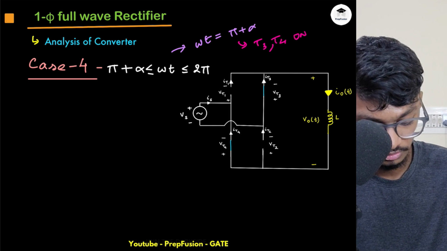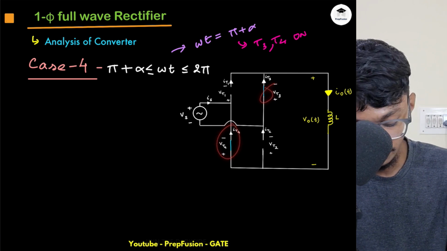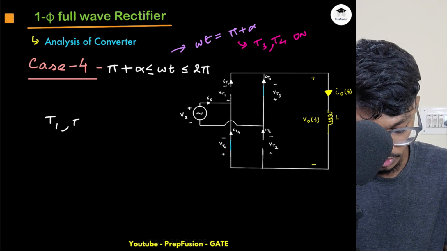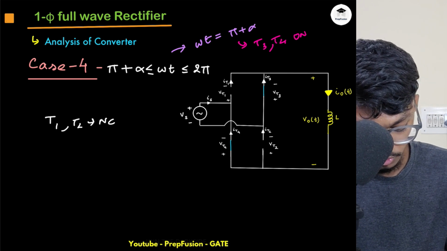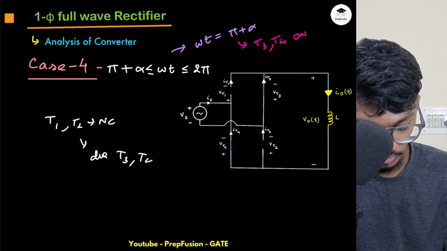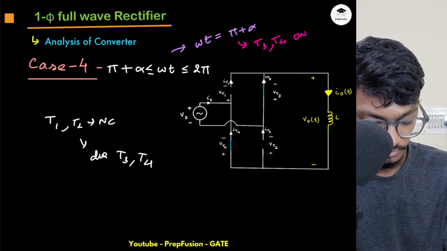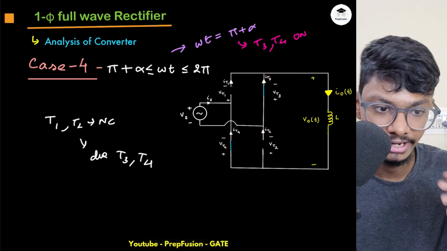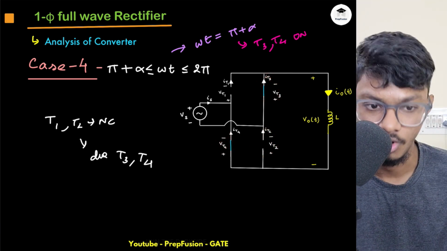As soon as they turn on, T1 and T2 will be naturally commutated due to T3 and T4. Why? Because as soon as T3 T4 turn on, the voltage across the thyristors will change. They will be negative, and as soon as they go negative, they will be off.